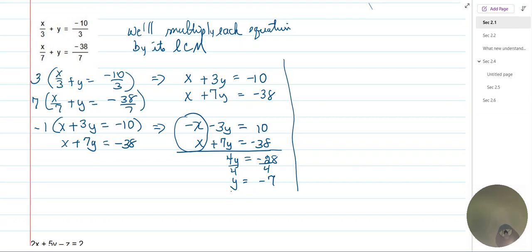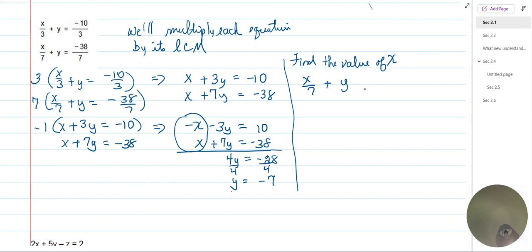Well, now that I've done that, I'm now going to find the value of x. All right, since I have a -7, and it is for x, I am going to use the second equation. X over 7 plus y equals negative 38/7, or the first, it wouldn't have mattered, would it? No, it wouldn't. I'm going to use the second one.